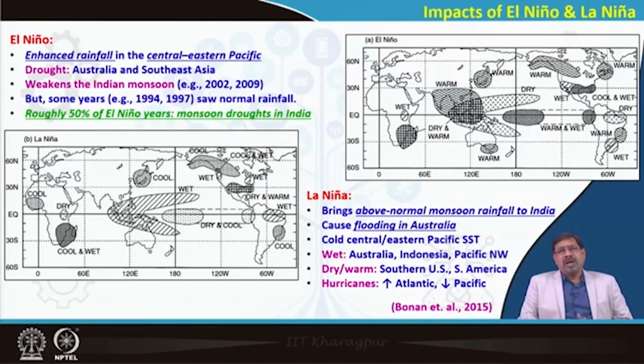Now, friends, let us move to the next one, that is El Nino and La Nina. Most of us have studied La Nina and El Nino since our high school days. As a general note, we understand that El Nino gives us a less rainfall scenario, and La Nina gives us a contrasting, higher rainfall scenario.